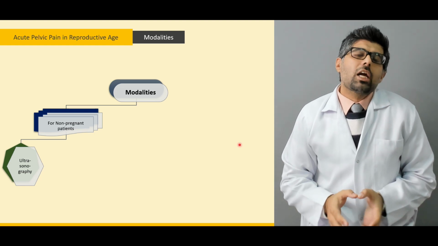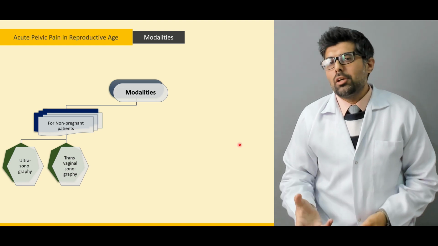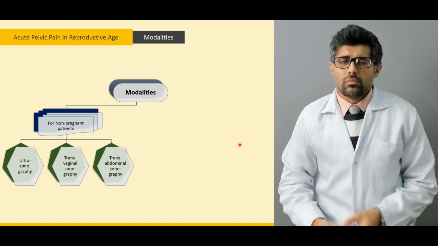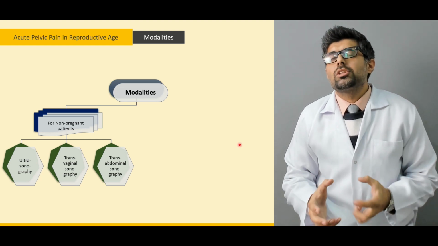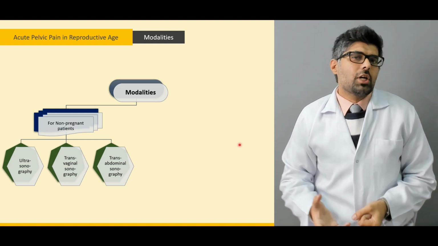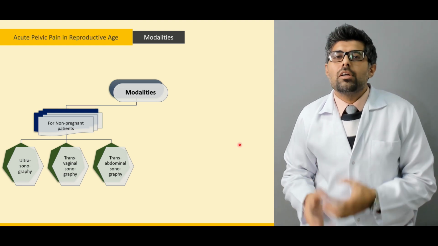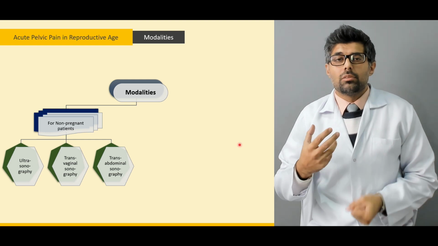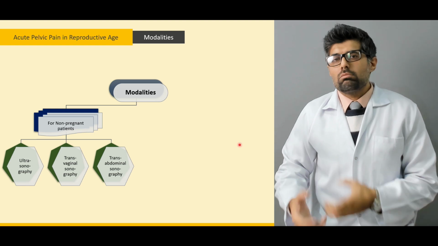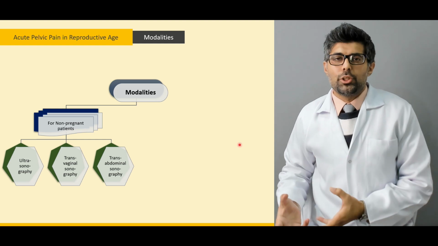Now, ultrasound can be done via two routes. One is the transvaginal route and the second is the transabdominal route. Both of these routes have their advantages and disadvantages. For the transvaginal route, the female adnexa are very clear, with more detail, but the peritoneum and the viscera of the patient are obscured.